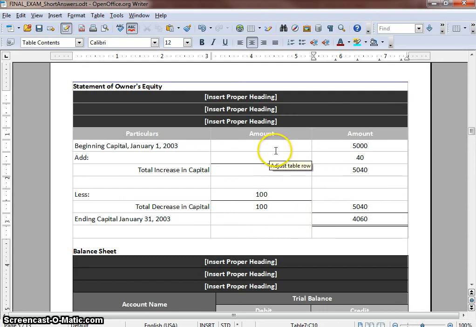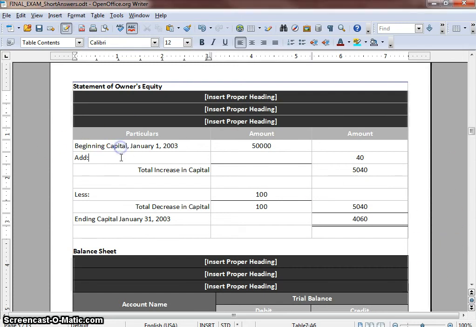So typically how we write these owner's equity statements is we put our beginning capital of $5,000 on this side, not on this side. We add, make sure you're putting in. Oh yeah, it looks like you do.